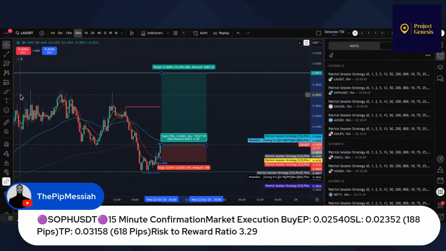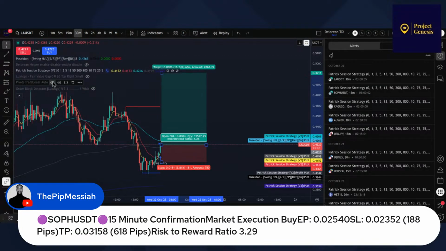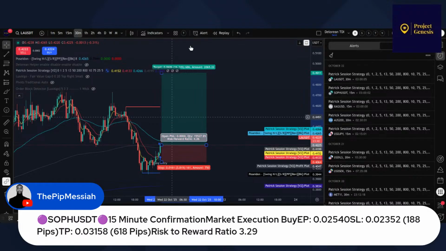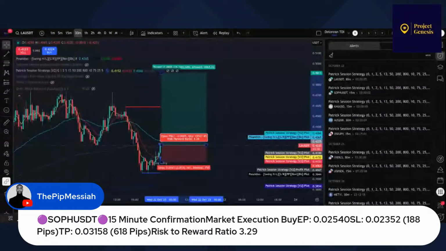Targeting 49.11. It's going to be a 4.26 reward ratio.